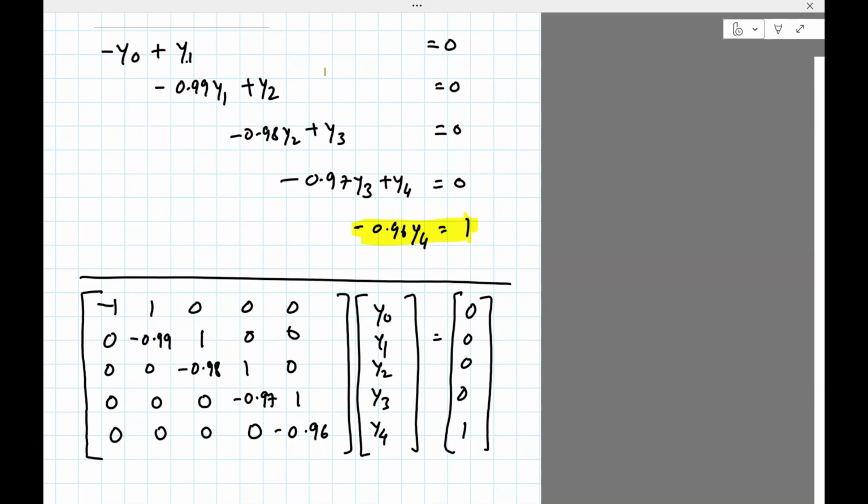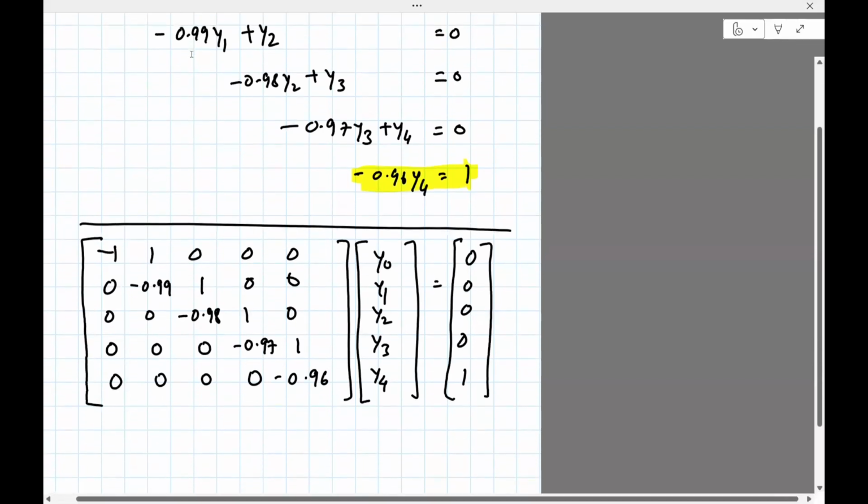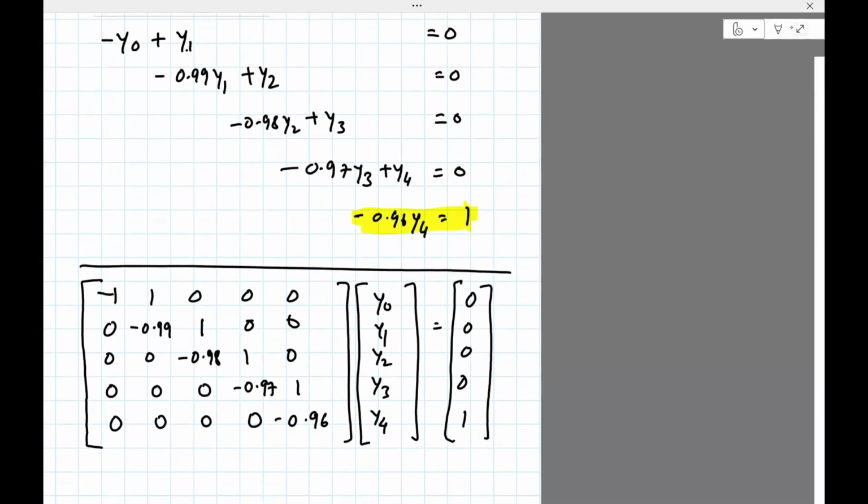But I just want to show this to you because in general, you cannot expect that the equation will look as easy as this. But this is normally boiled down to a matrix equation if the problem is linear. So you can solve for y0 all the way to y4, right, by doing Ax equals b, so invert A.